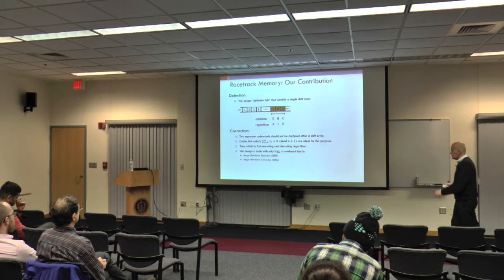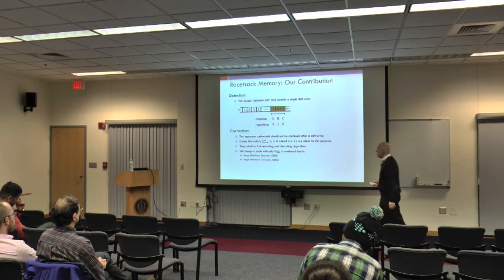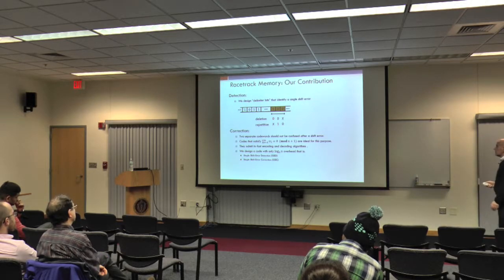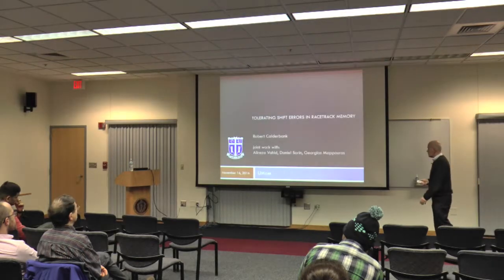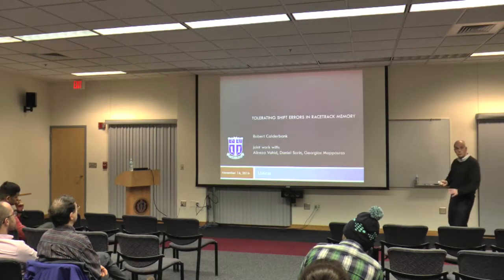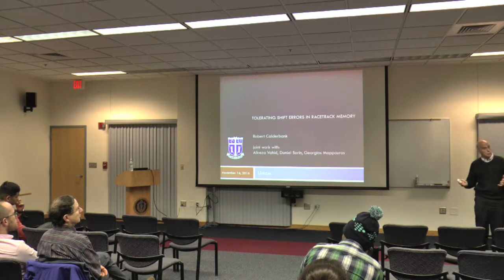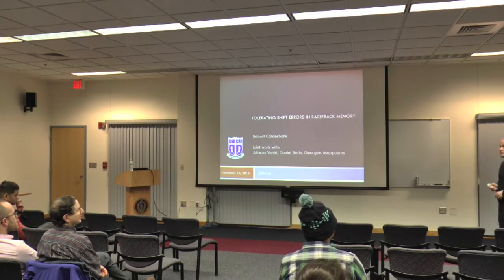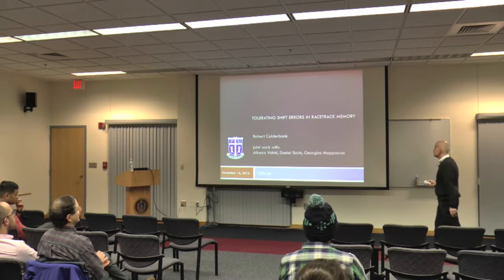We're going to end up with a code where the rate is asymptotically 1. We only give up logarithmic overhead. That's useful. All right, so that's this. Now you can actually all go home, because what we're going to do now is spend 15 minutes talking about each one.